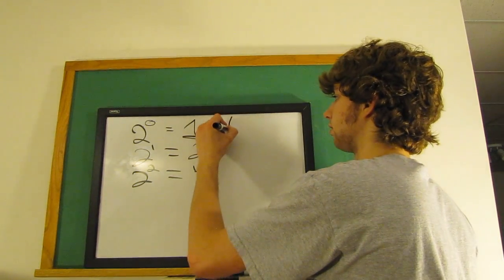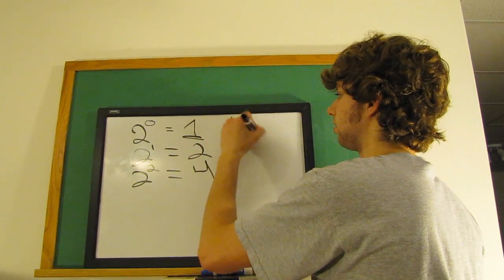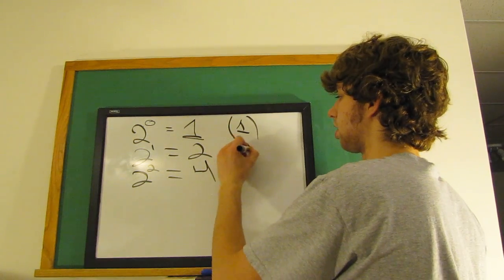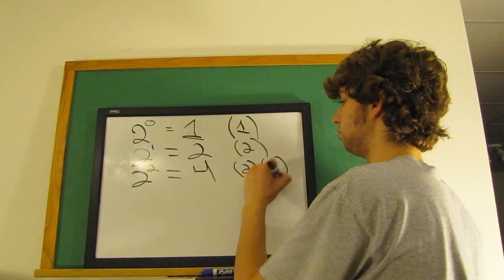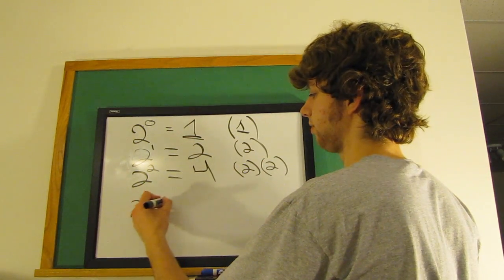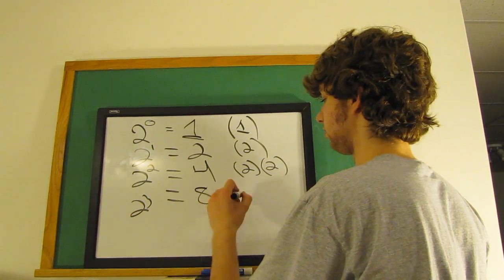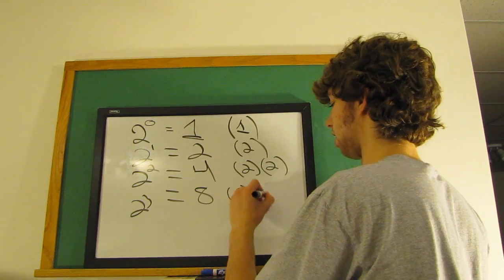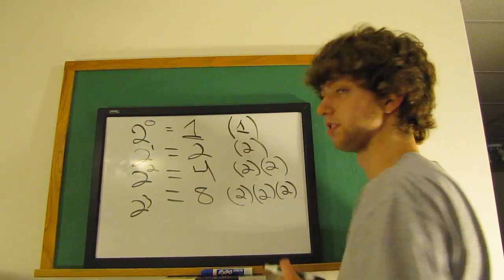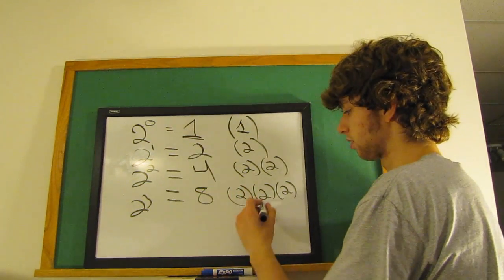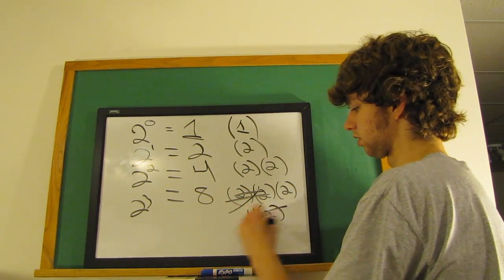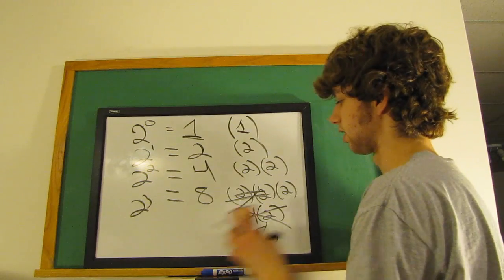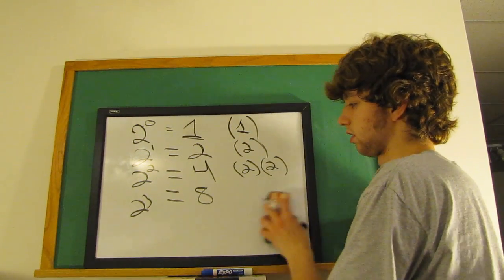Basically, this is saying 1. The next one is saying 1 copy of 2. The next one is saying 2 copies of 2. 2 to the 3 is equal to 8, which is 3 copies of 2. We multiply these together. 2 times 2 is equal to 4. 4 times 2 is equal to 8. So that's how that works.